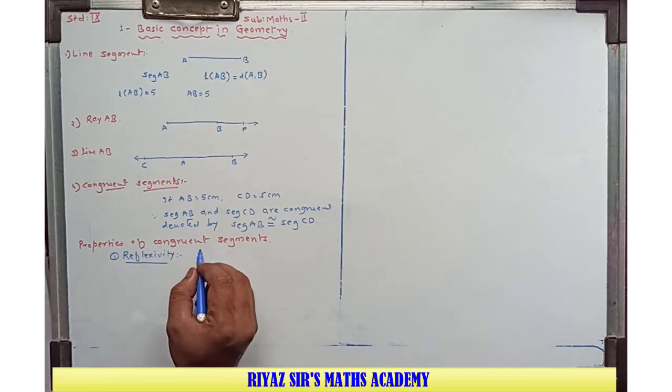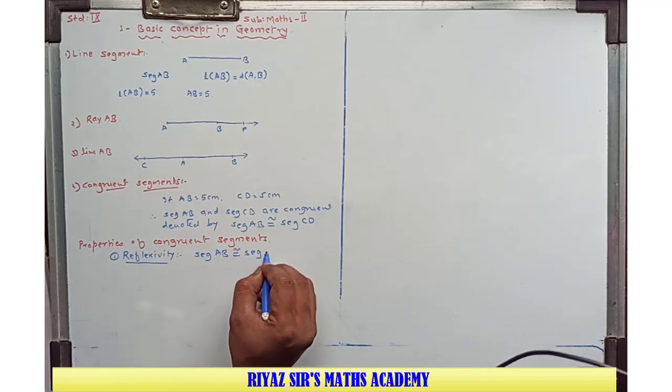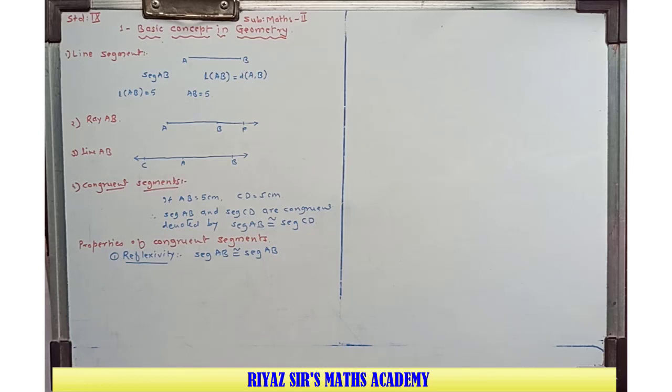By this property, it says that every segment is congruent to itself. That means segment AB is always congruent to segment AB. This property is called the reflexivity property.